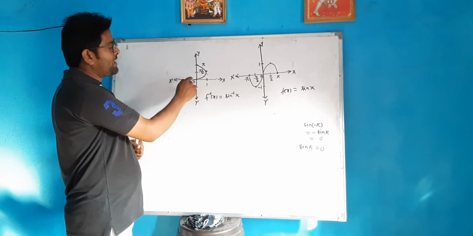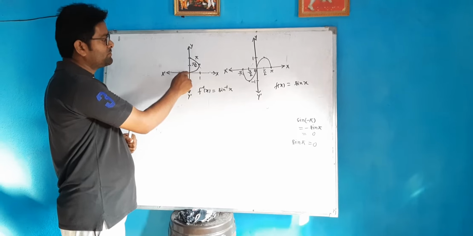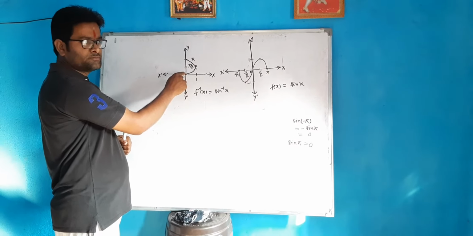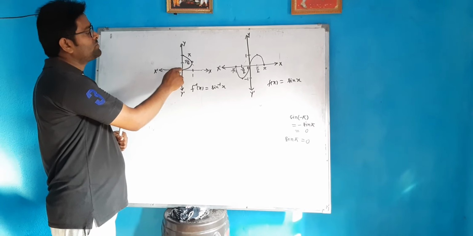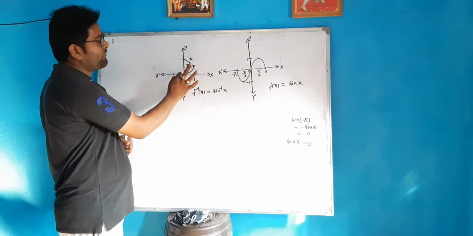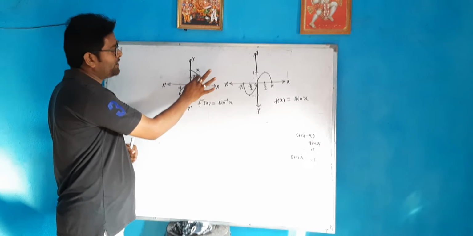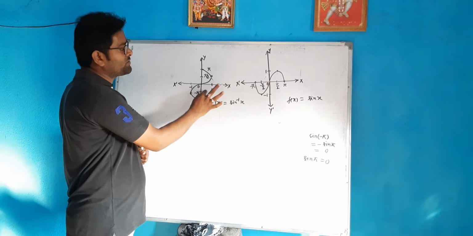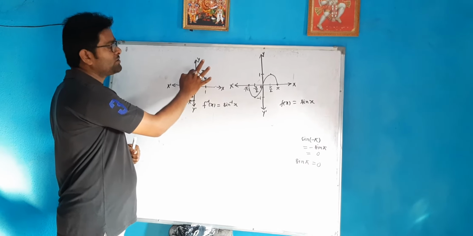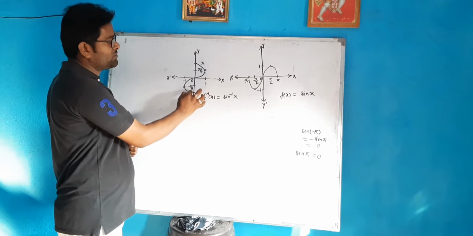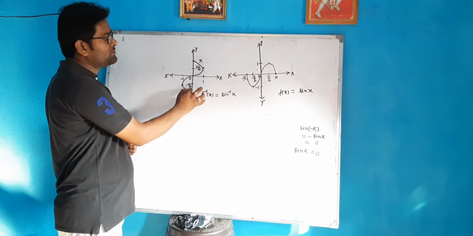If y is equal to 0, x is equal to 0. If y is equal to pi by 2, x is equal to 1. If y is equal to minus pi by 2, x is equal to minus 1. If y is equal to pi, x is equal to 0. If y is equal to minus pi, x is equal to 0.